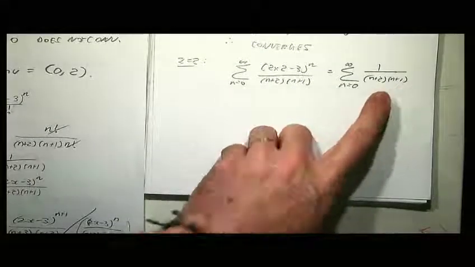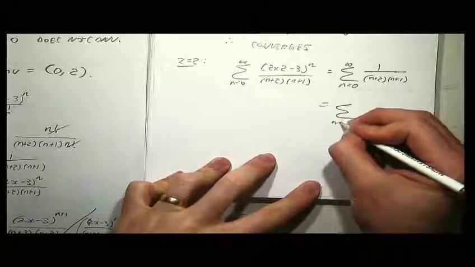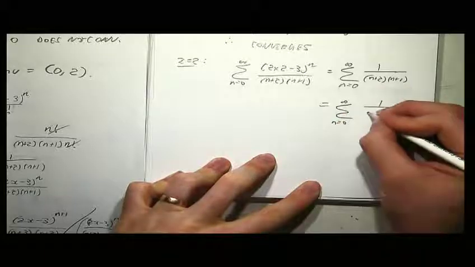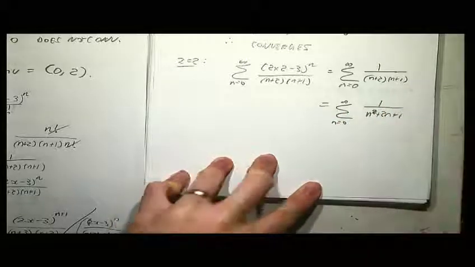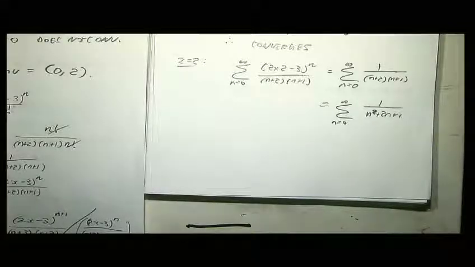Now it's not alternating, so that's not helpful. The bottom is roughly n squared. It's n squared plus 2n plus 1. So, you have been shown a series that does have an n squared on the bottom.